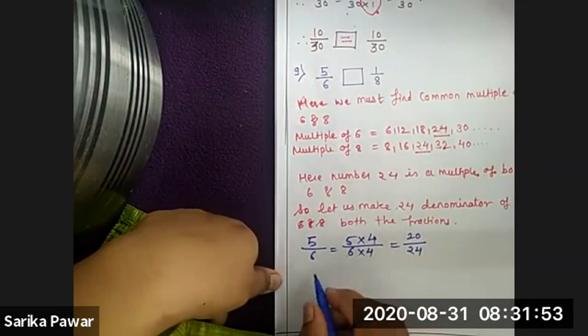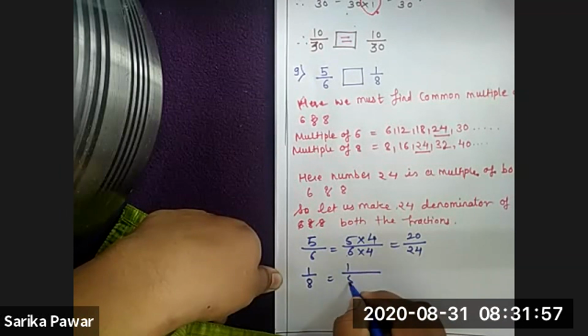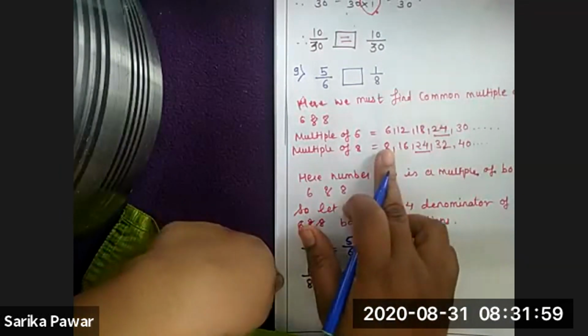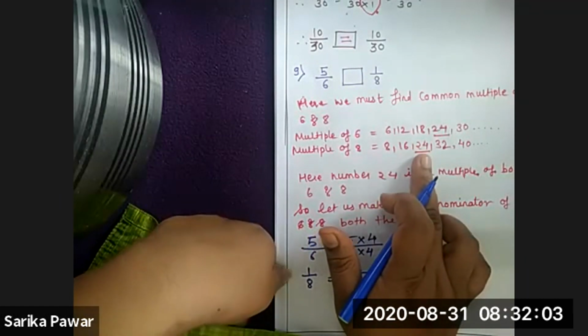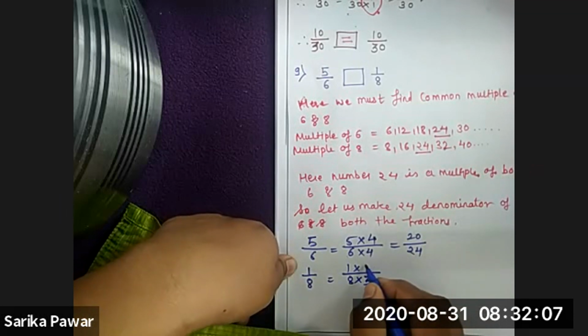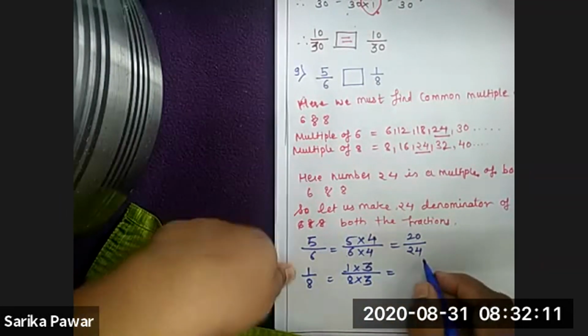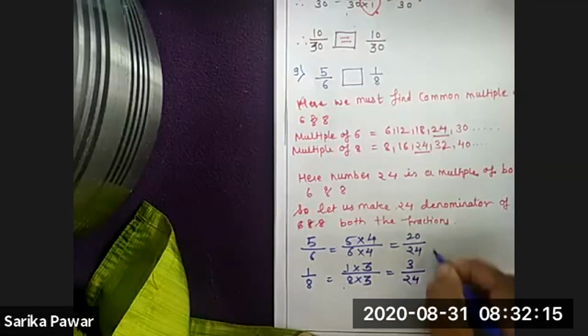Now see here, 1 upon 8, its second part. Now see the table of 8. 8 1 ja 8, 8 2 ja 16, 8 3 ja 24. If I multiply here by 3, upper side also multiply by 3. 3 1 ja 3, 8 3 ja 24.